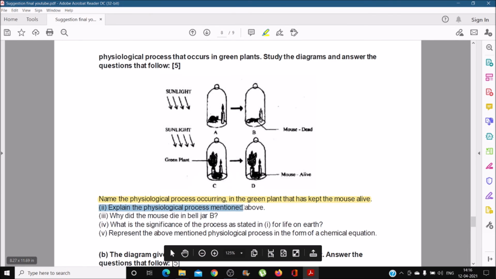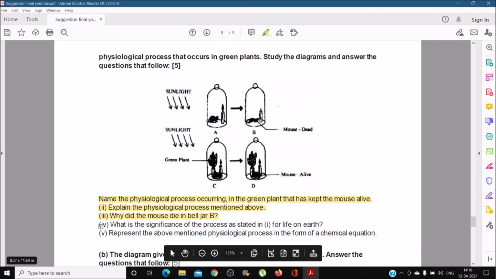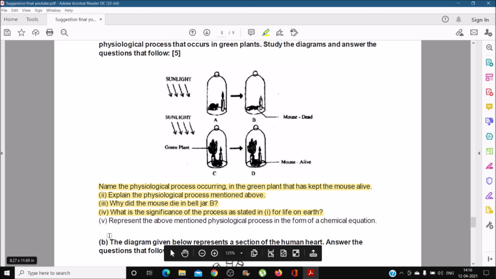Explain the physiological process mentioned above. 3. Why did the mouse die in bell jar B? Okay. Next. What is the significance of the process started in One for life on Earth? Next. Represent the above mentioned physiological process in the form of a chemical equation.